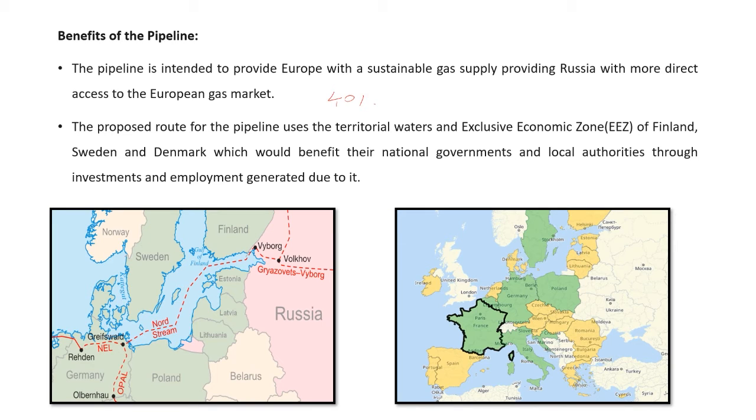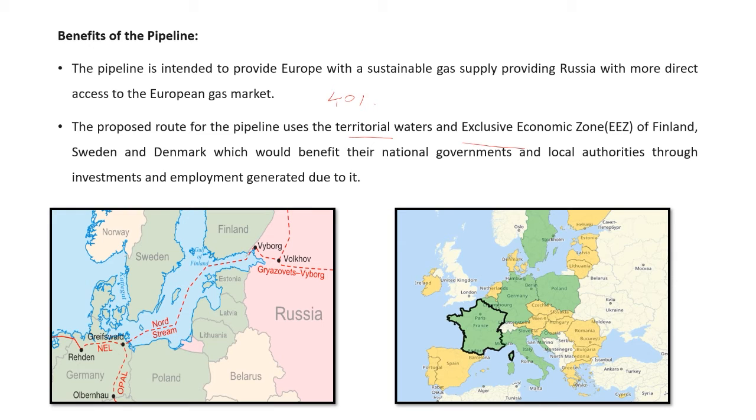The proposed route for the pipeline uses the territorial waters and exclusive economic zone, that is EEZ, of Finland, Sweden, and Denmark. So the exclusive economic zones of these countries will be used by this pipeline constructed by Russia.